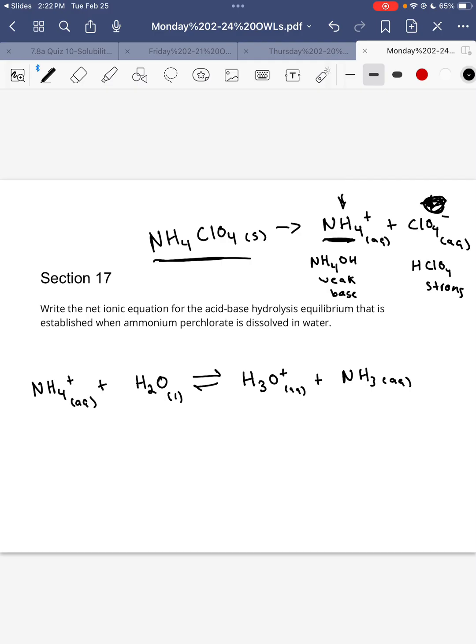The perchlorate stays in solution, so we don't need to worry about its interaction with water because its conjugate is strong. It dissociates completely. The ammonium does not stay in solution because its conjugate is weak, and so we do need to worry about its interactions with water, in which case we are going to see that reaction happening, and so that is our acid-base hydrolysis equilibrium.